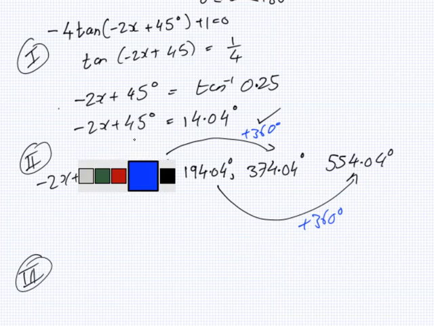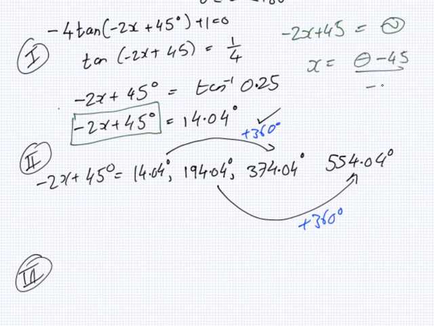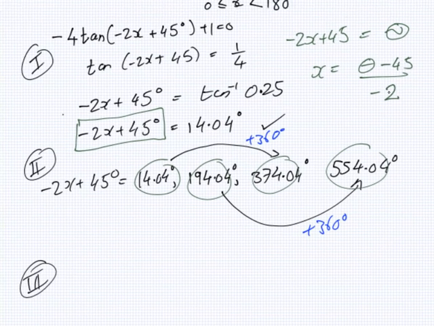So just be careful. You have minus 2x plus 45 equals the angle. So that means x equals the angle minus 45 over minus 2. So all of these answers, you need to do minus 45 over minus 2.